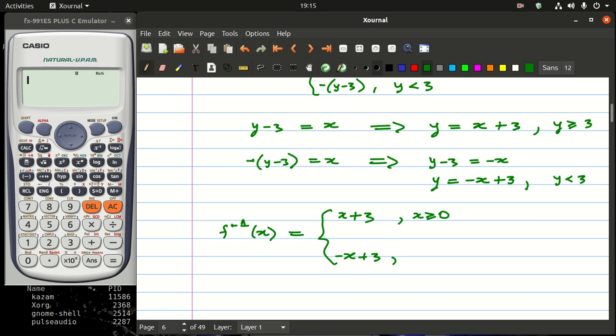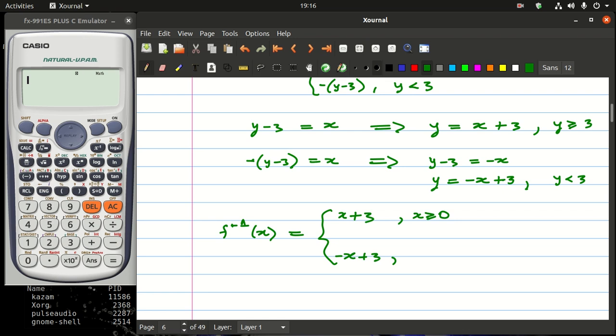Let's look into this x. Suppose that this x is 0. Then we'll end up having 3, which is not allowed here. So we want this x to be bigger than 0.